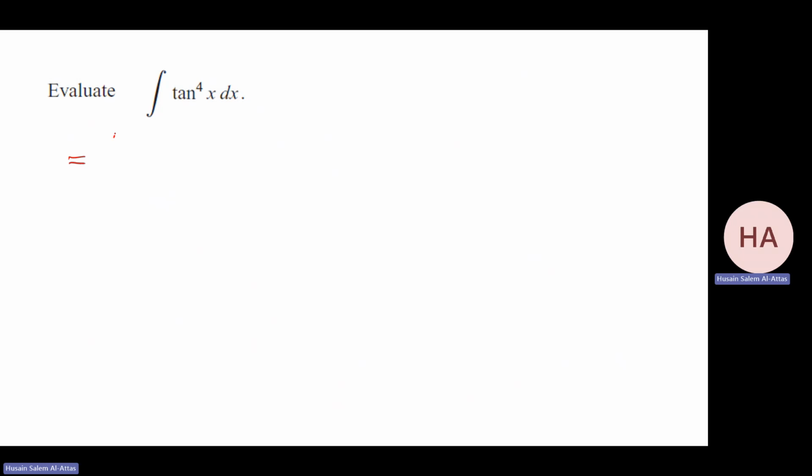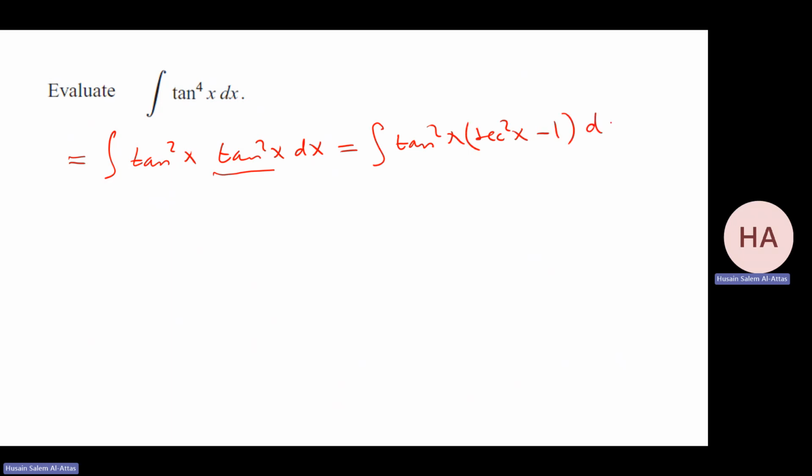Okay, so I will take tan squared x dx, and I convert this into secant. So that will be the integral of tan squared times secant squared minus 1 dx. And that will be tan squared x secant squared x dx minus the integral of tan squared x dx.